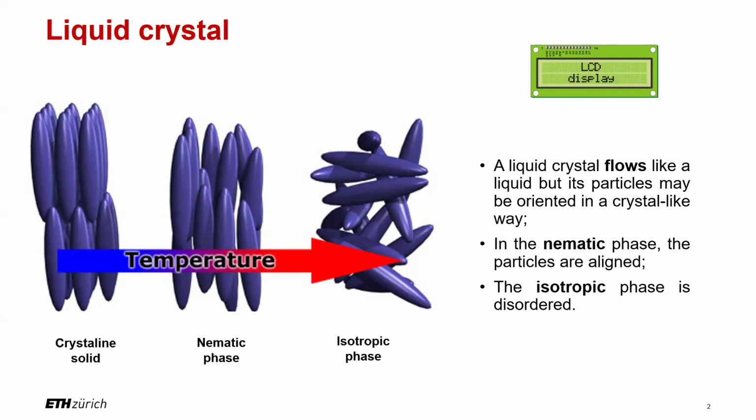It can be a crystalline solid at low temperatures, arranged in a regular lattice. At high temperatures, it will be a normal isotropic fluid, like water or oil. But at intermediate temperatures, we have the nematic phase that is more interesting. It flows, but it still is anisotropic.